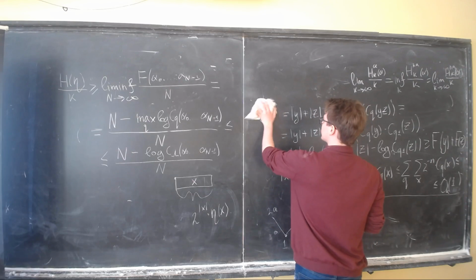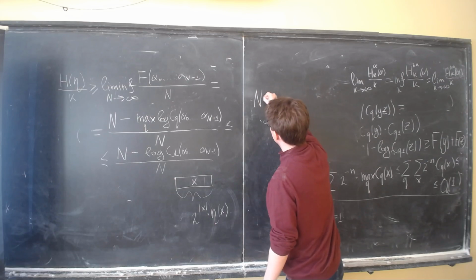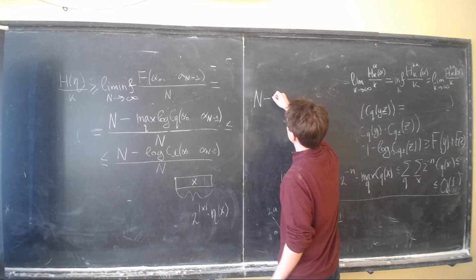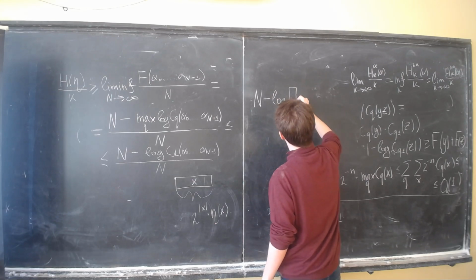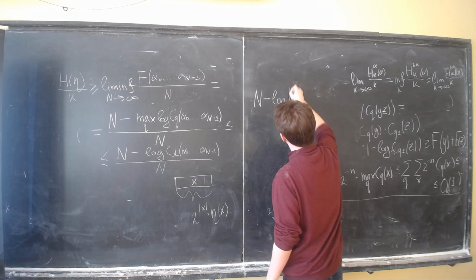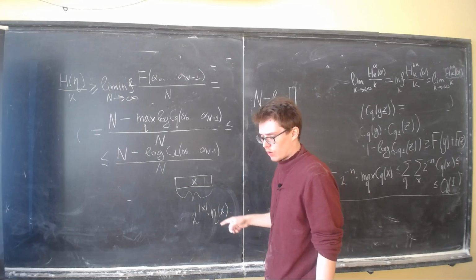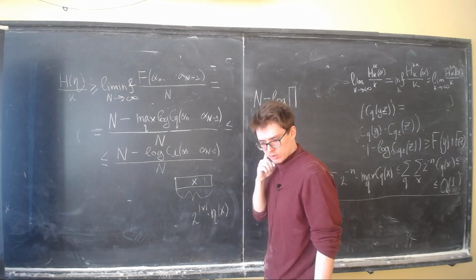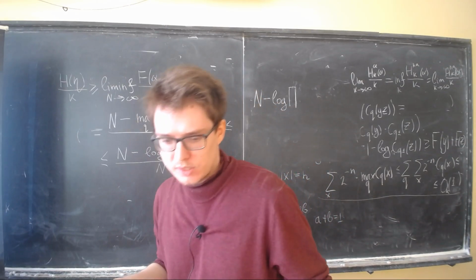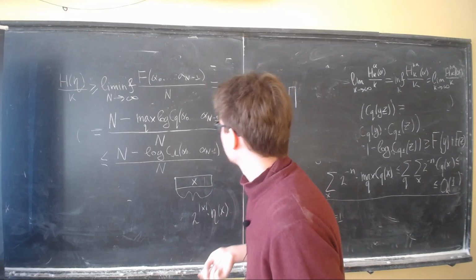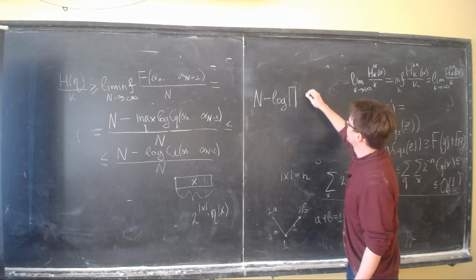So what will it be? It will be n minus the log of the product. Now if I fix the block x, I can count how many times this block appears within the first n aligned blocks of length k.